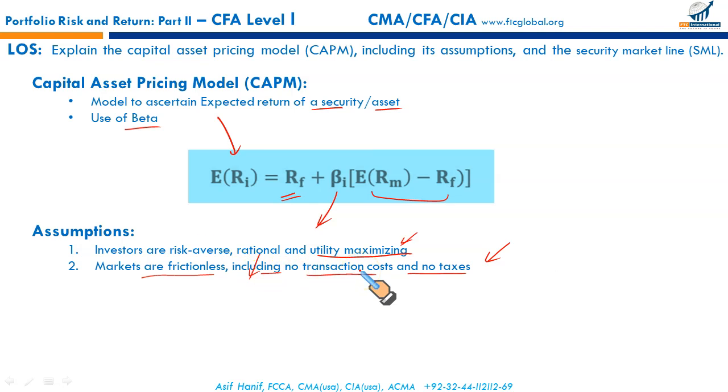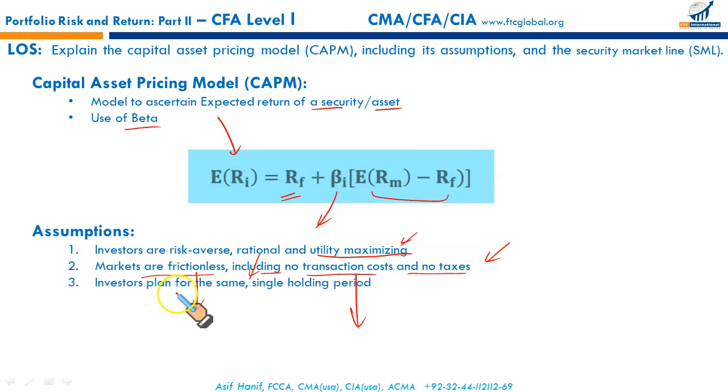When we say frictionless, it means unlimited short selling as well as unlimited borrowing at the risk-free rate, which is again a questionable assumption, but nonetheless it's an assumption that makes this model work. Then effects of any transaction costs and taxes are assumed to be immaterial, as if they don't exist.